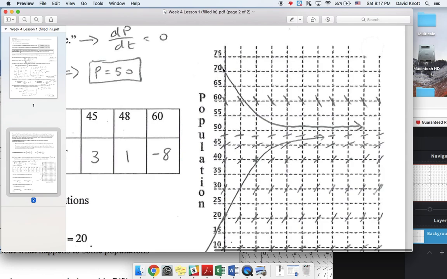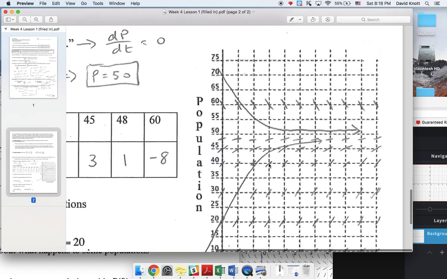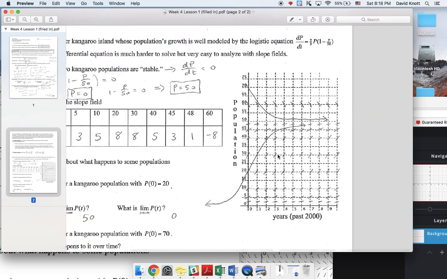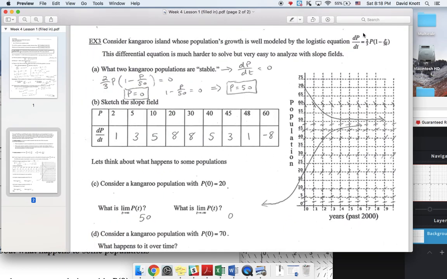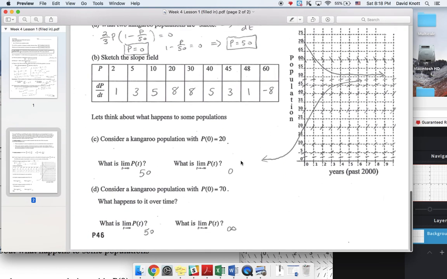So those negative slope lines are going to push you downward back towards that theoretical maximum. So you can again see that the differential equation really encodes that theoretical maximum. If for whatever reason the population finds itself above that theoretical maximum of 50, it gets pushed back down to 50. It's really kind of astonishing how much complex behavior can be modeled by the differential equation.